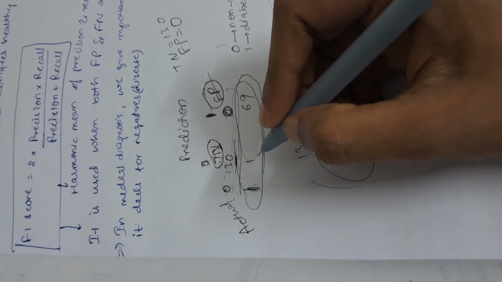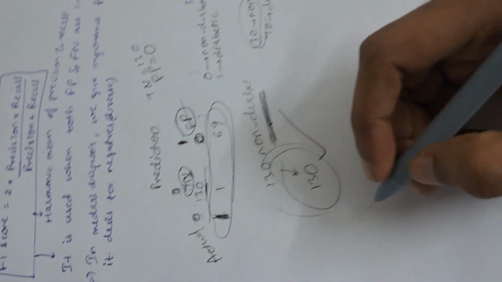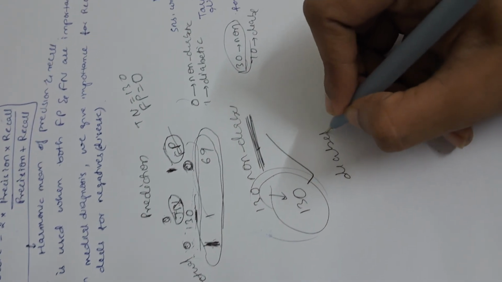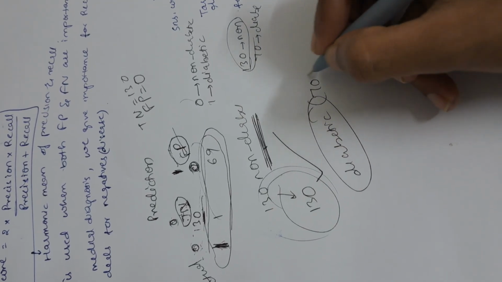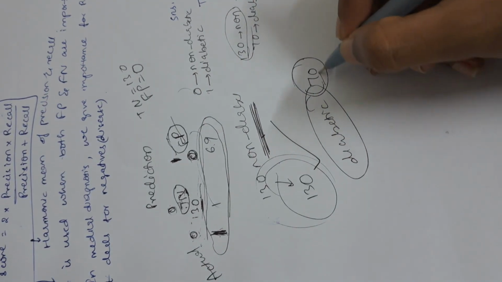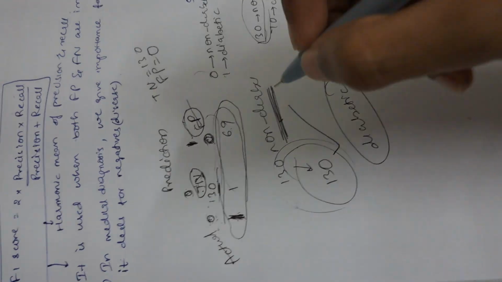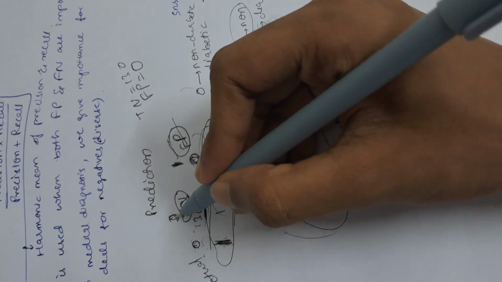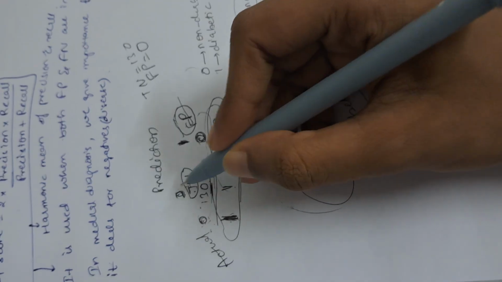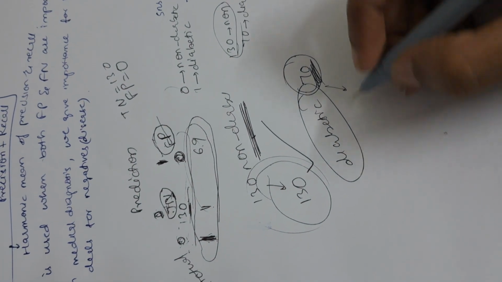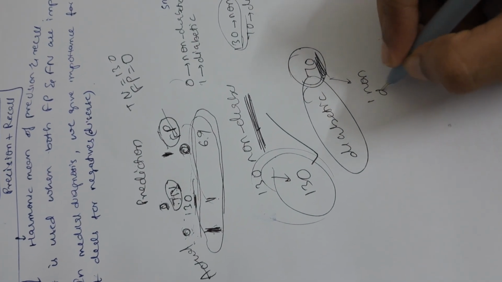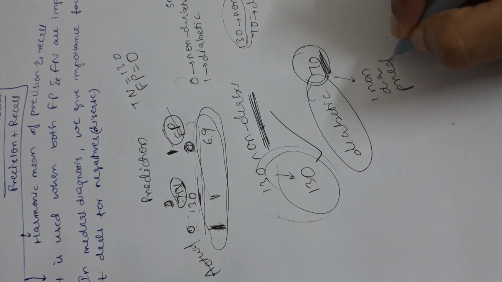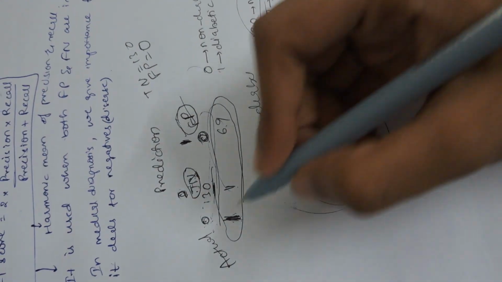So now I'll look at class 1, diabetic. The total is 70: 1 plus 69. So actually 70 diabetic patients are there. Of those 70 diabetic patients, you have predicted 1 as non-diabetic, but it is incorrect.